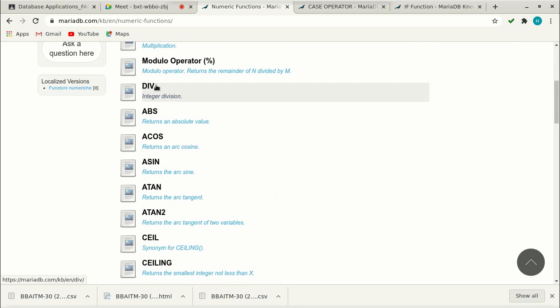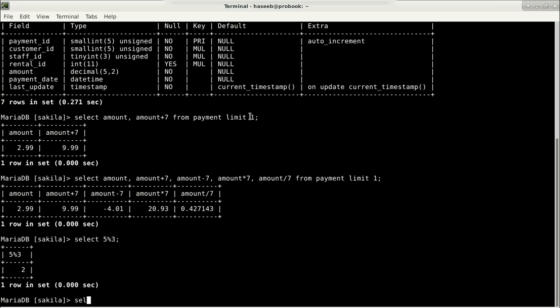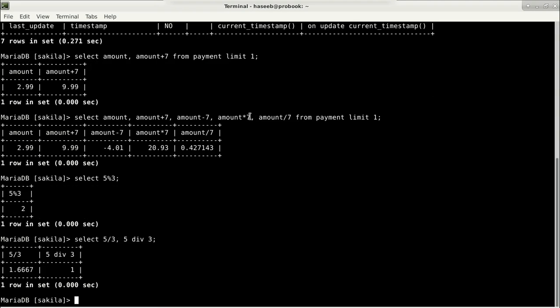Then we have this DIV. This is also for division, but it performs only integer division. It means, select 5 by 3 and 5 div 3. So 5 by 3 is a normal division.